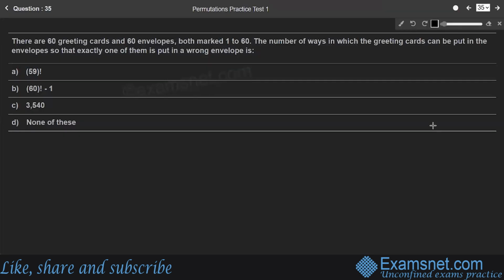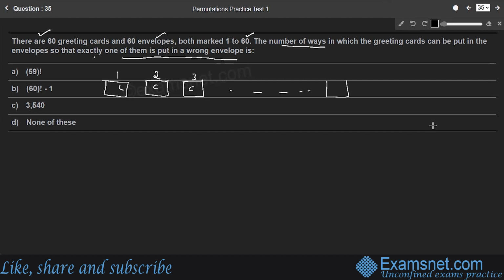Question number 35. There are 60 greeting cards and 60 envelopes, both marked 1 to 60. The number of ways in which the greeting cards can be put in the envelopes so that exactly one of them is put in a wrong envelope is. So students will consider 60 greeting cards: card 1, card 2, card 3, so on up to card 60.